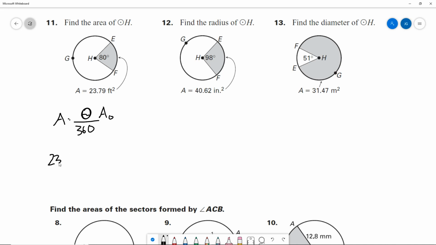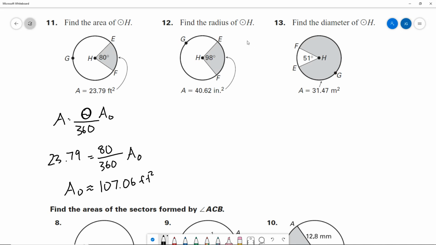In this case, the area of our sector is 23.79. Our theta is 80. Our denominator is 360. And area of the circle is our unknown. And rearranging and solving for the area of the circle is going to tell us that this is going to be approximately 107.06, and our unit here is feet squared.